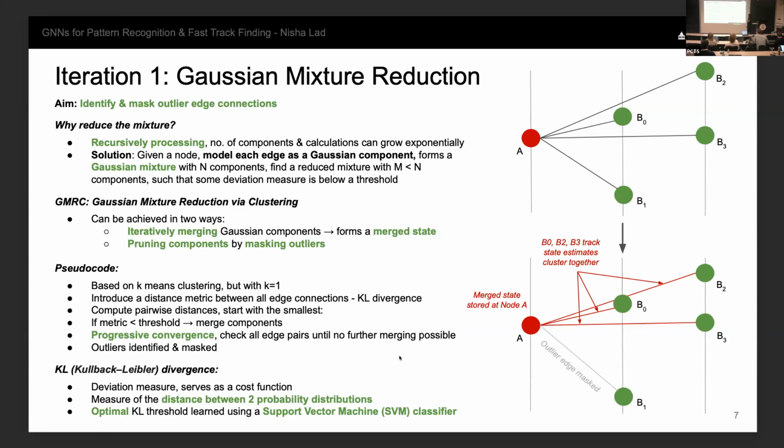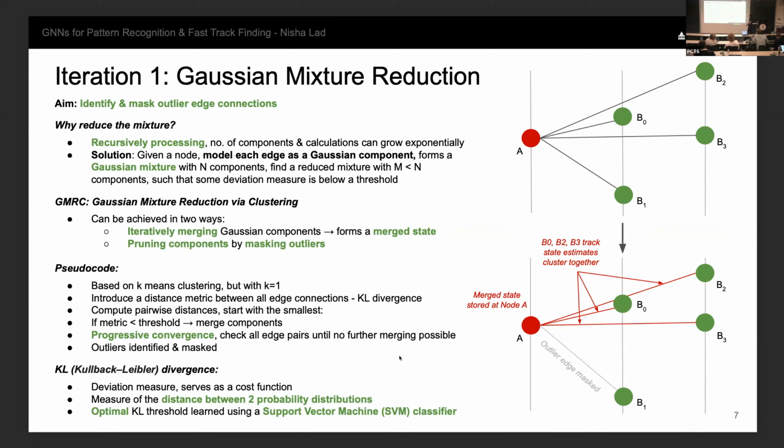So how can we do this preliminary clustering, preliminary masking? We do this via a clustering algorithm based off of the k-means clustering algorithm. And we essentially introduce a distance metric between all edge connections, which is known as the Kullback-Leibler divergence measure.